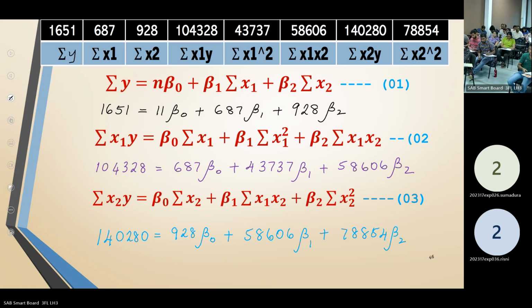Okay. So now, in the last class, we discussed how to solve a two unknown system of simultaneous equations using our calculator. So now we have three unknowns. So in your calculator, you have the option.